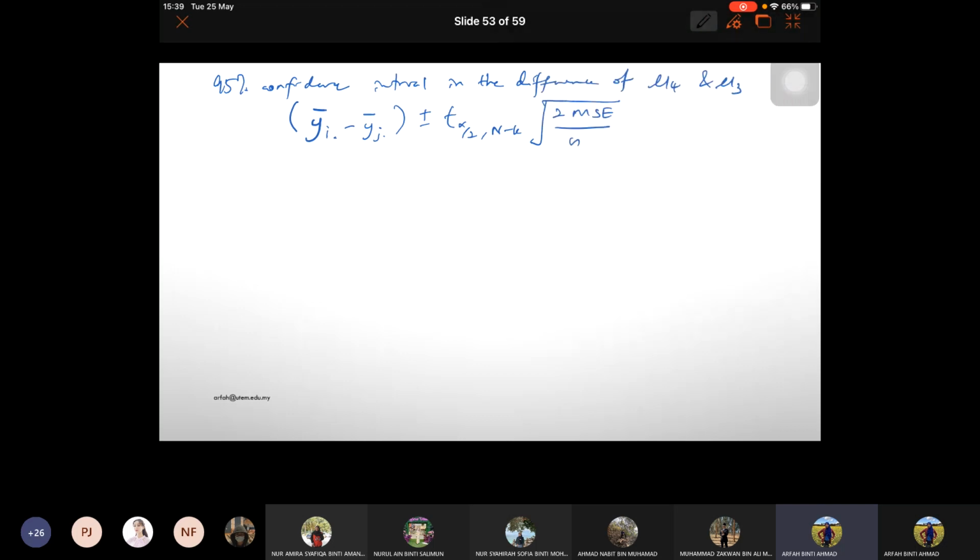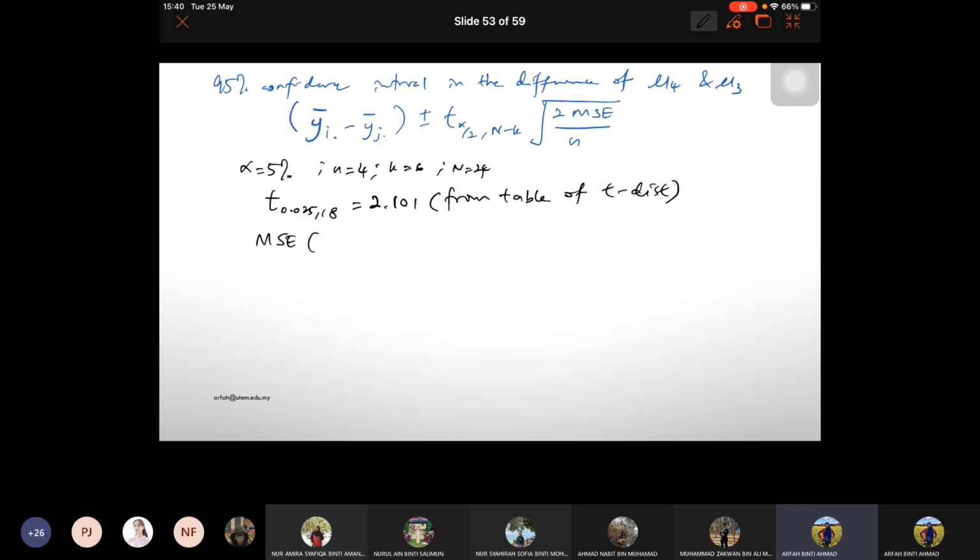So kita ada alpha equal to 5%, n sama dengan 4, k sama dengan 6. So T 0.025, N besar sama dengan 24. So yang ini 18 dapat 2.101 from table of T distribution. Okay. So MSE from Anova Table dapat sama dengan 3.48.